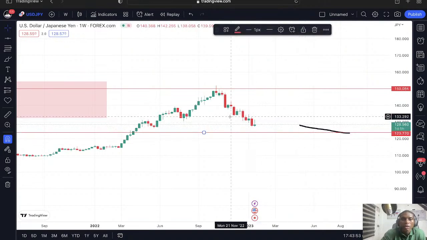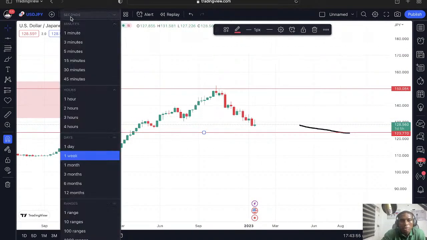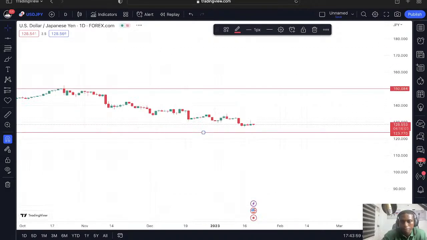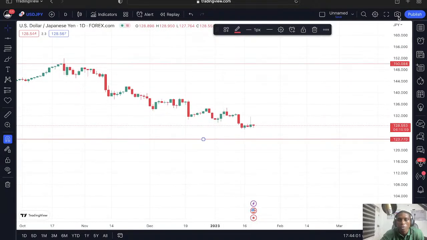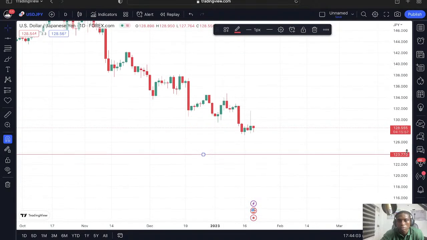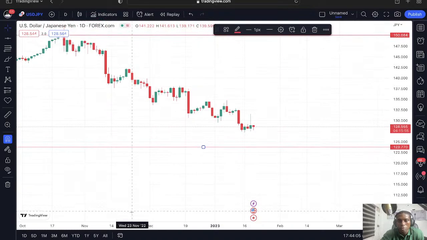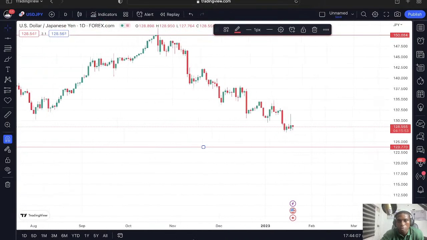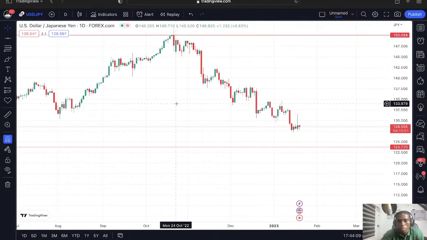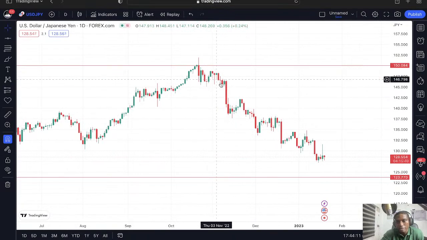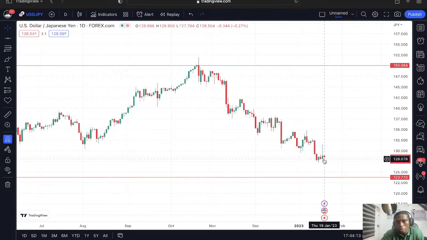Okay, then let's look at the daily time frame. So you look at what the market is saying on the daily time frame here.